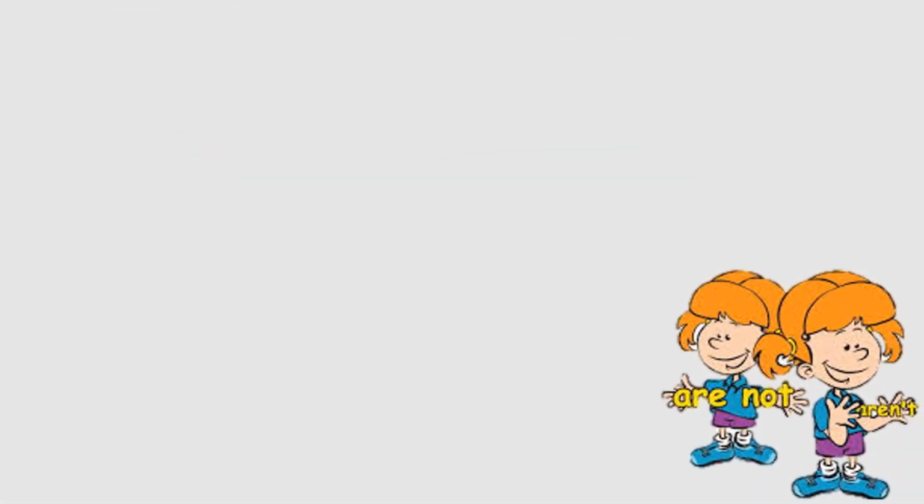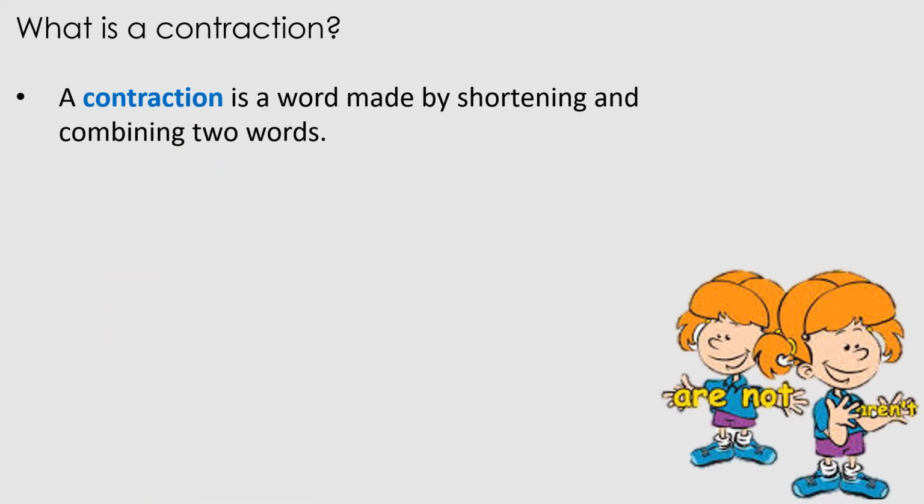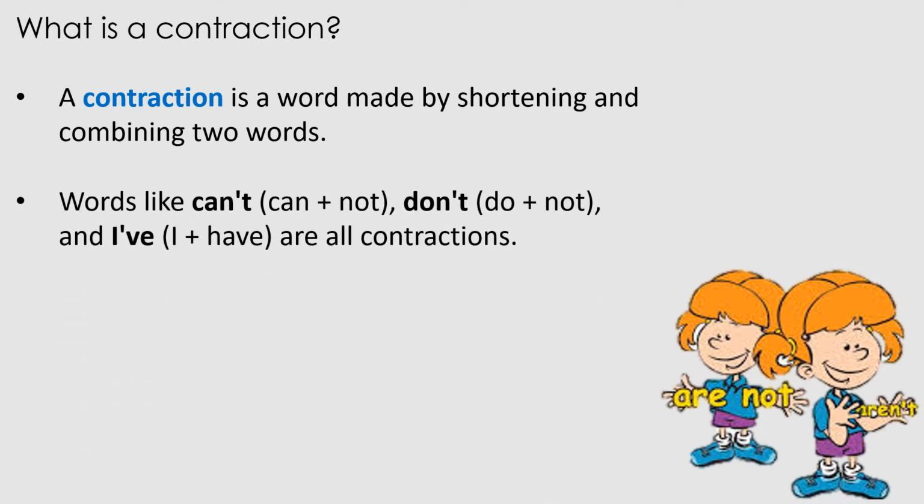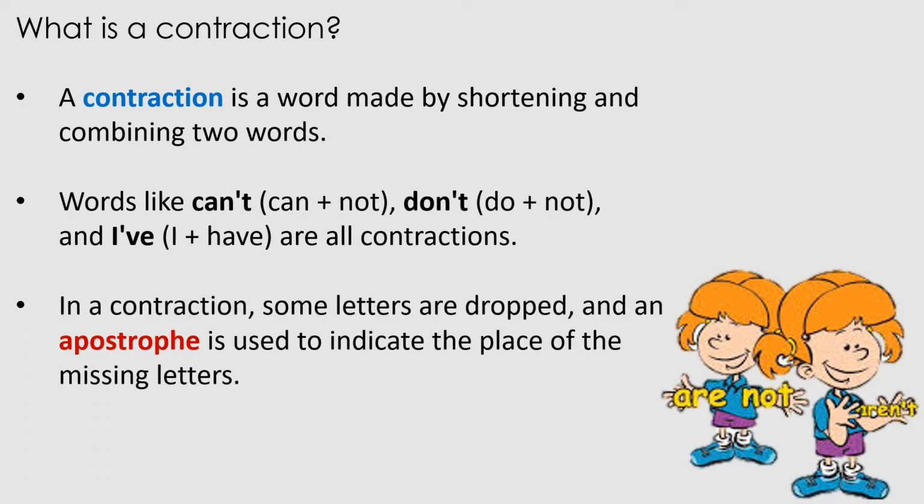Let's define what is a contraction first. A contraction is a word made by shortening and combining two words. Words like can't, don't, and I've are all contractions. In a contraction, some letters are dropped and an apostrophe is used to indicate the place of the missing letters.